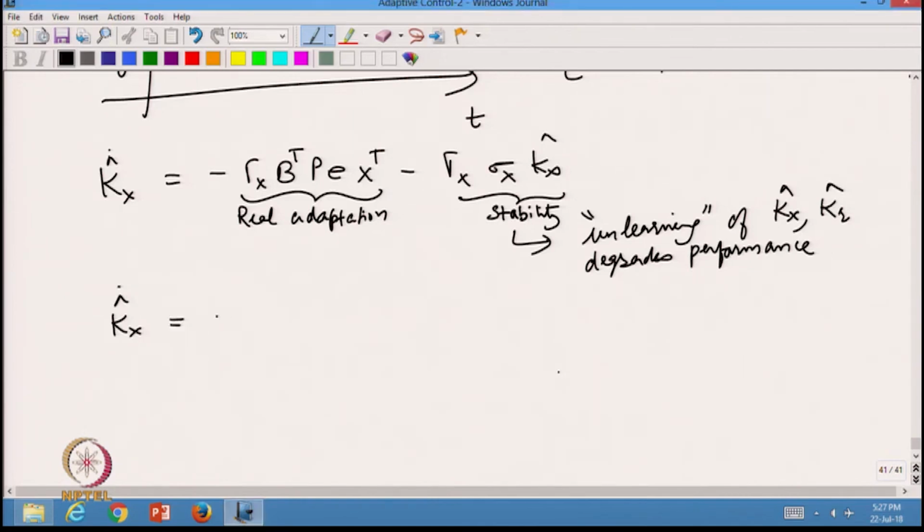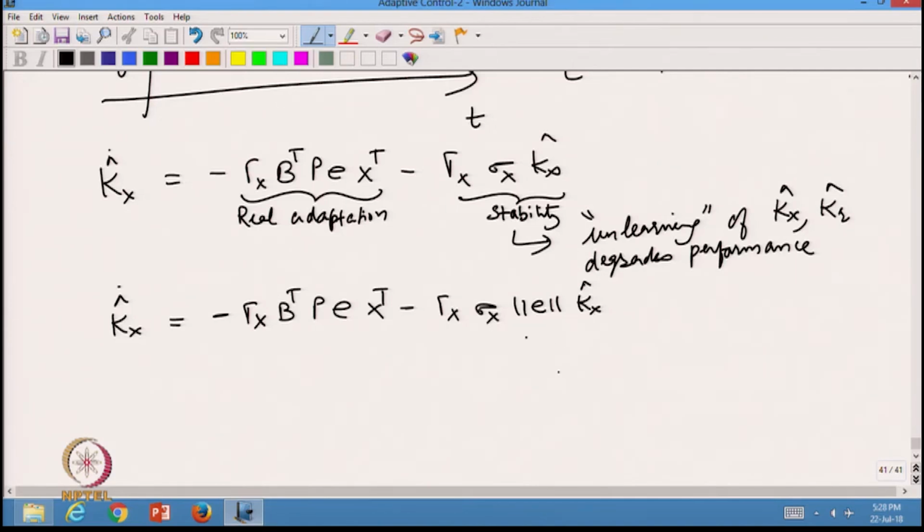Suppose we modify the update law as minus gamma x B transpose P E x transpose minus gamma x sigma x norm of E times k x hat. Suppose I introduce this norm of E in the damping term. So, what does it do? One thing is for sure: when the error becomes small, the damping term also becomes small.